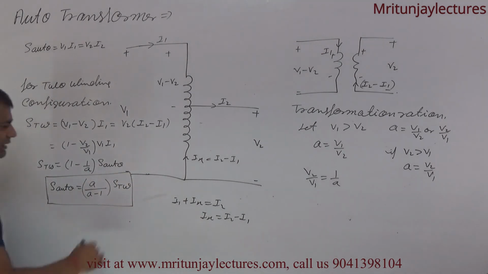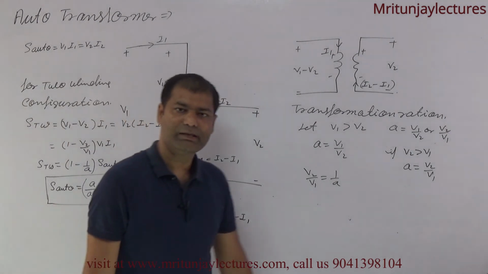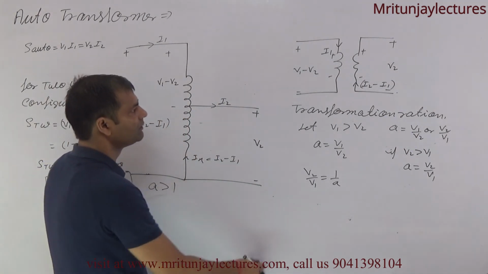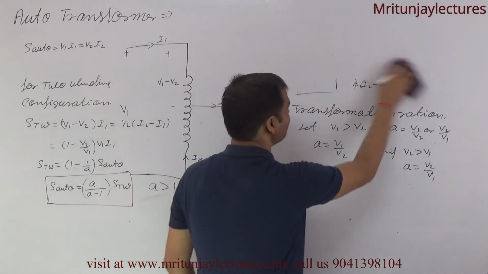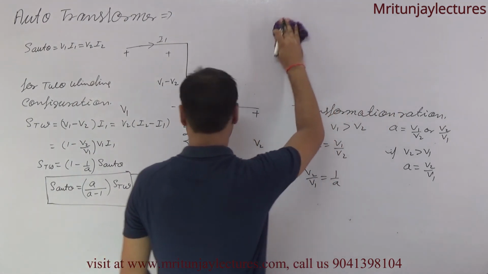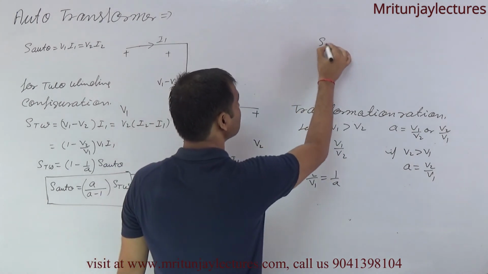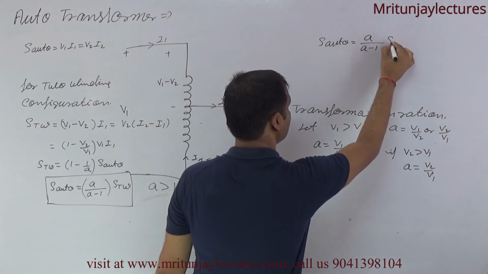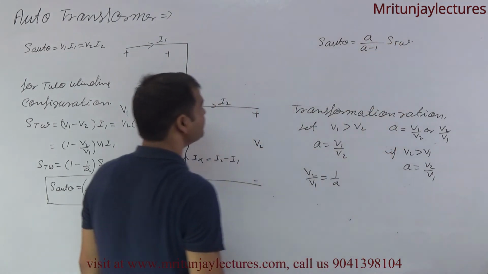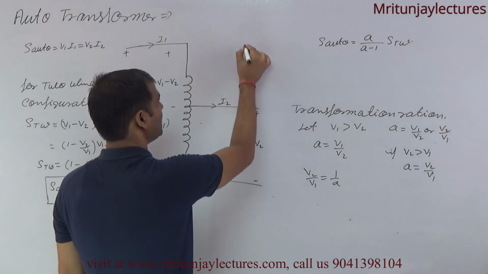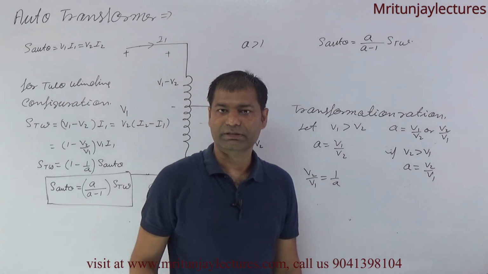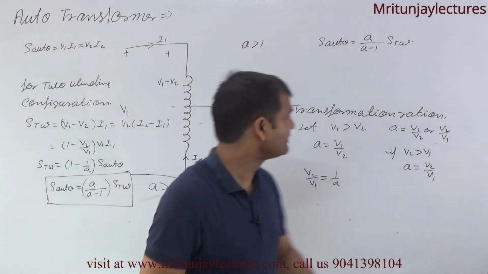And what about A? Here A is greater than 1. Always consider A is greater than 1. So S auto is equal to A upon A minus 1 into STW. If A is greater than 1, it gives the standard result.